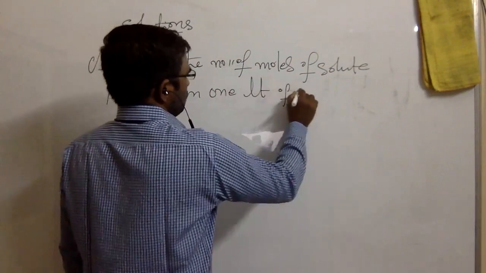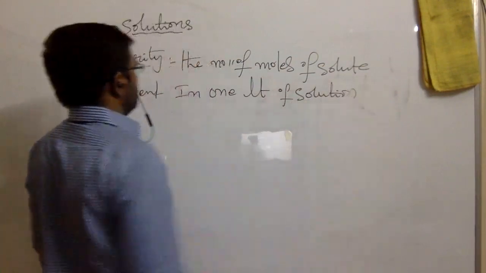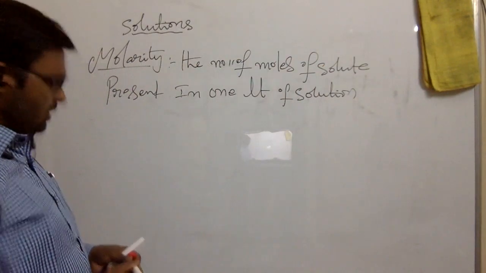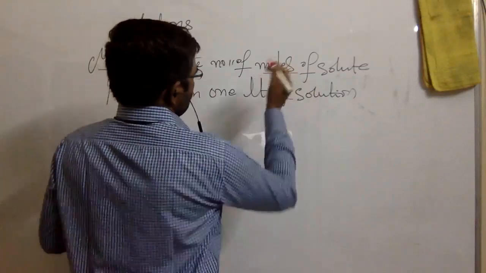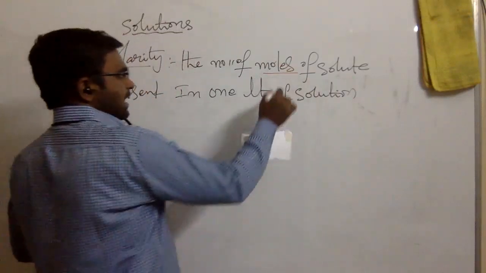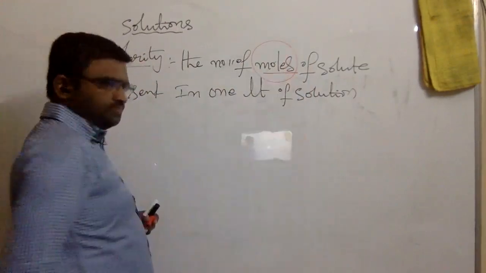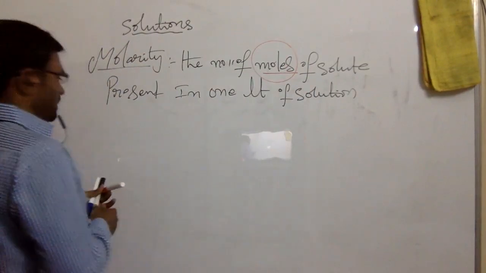It is the exact definition for molarity. See students, here moles, of any chemical substance, is the amount of substance expressed in moles. So this is the definition of molarity.